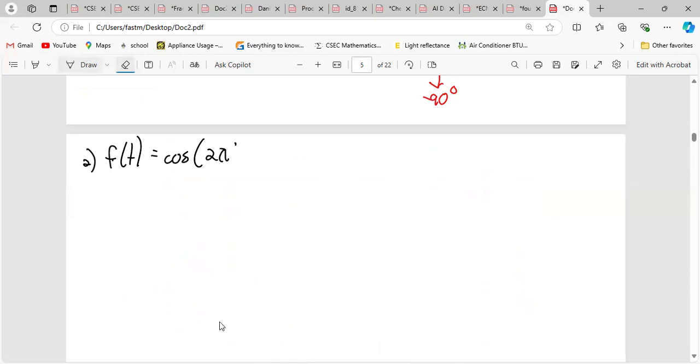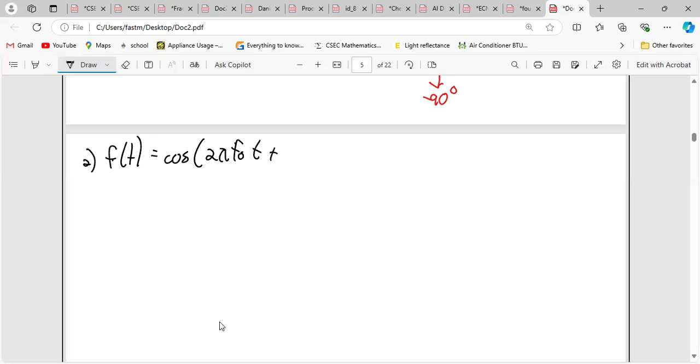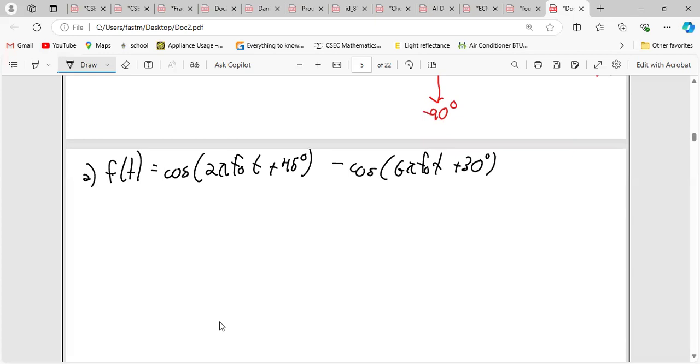Anyway, so 2 pi f naught t plus 45 degrees, minus cos 6 pi f naught t plus 30 degrees. All right, so we have two signals here. Okay, no problem. So let's analyze.